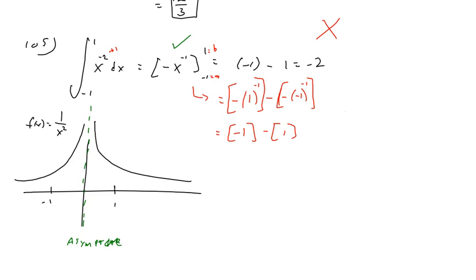So the graph is not continuous on the function from negative 1 to positive 1. This graph is not continuous. And so if it's not continuous, we cannot do an integral.